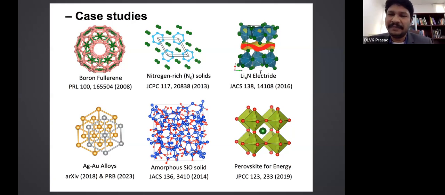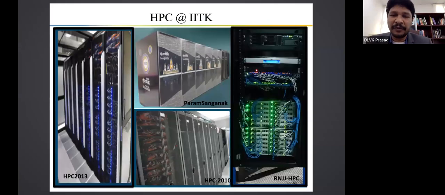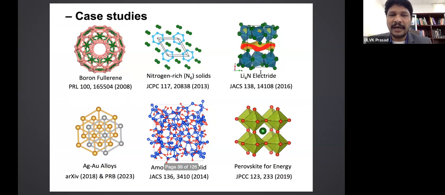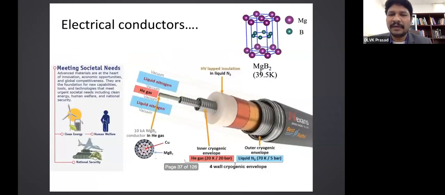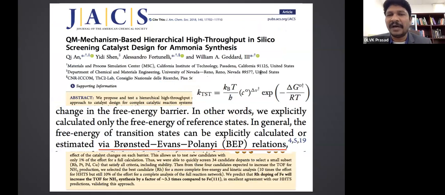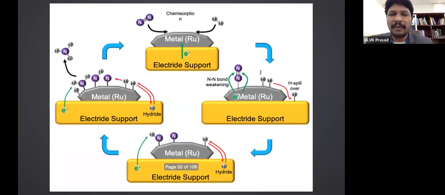We have been rightly in place with the advancements of high performance computing, like the one I have shown you here on the slide. You need to have a really good computational facility to solve some of these realistic problems. But even if you solve some of the problems that are molecular in nature, one need not really have very high performance computations, the one which I have shown you on the slide, but you can always use computers that are available, for example, in Vignan, to solve some of these reactions.